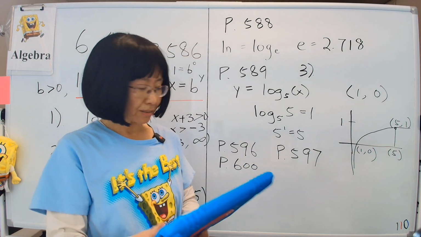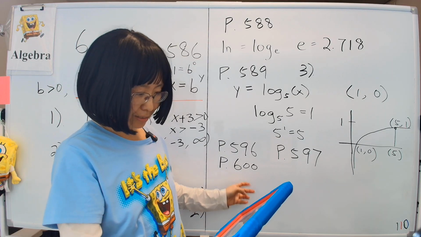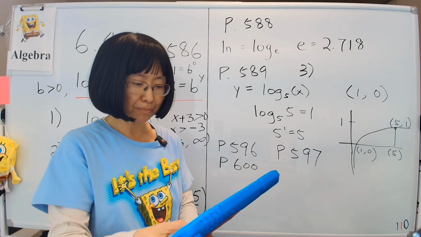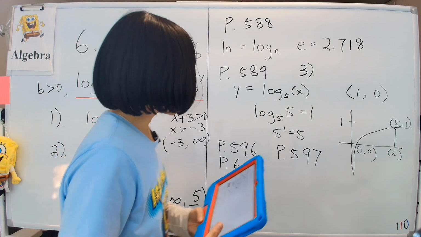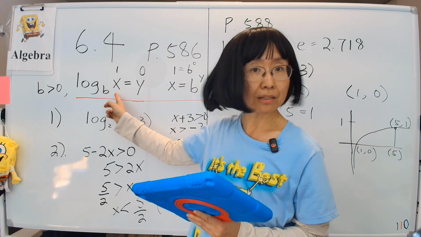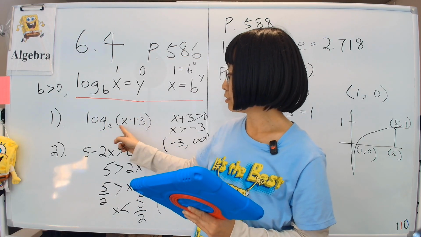So next, let's go to page 600 and look at the next example, example 10. It says, what's the vertical asymptote of some log function? Now, the vertical asymptote is always where the value inside the log equals 0.